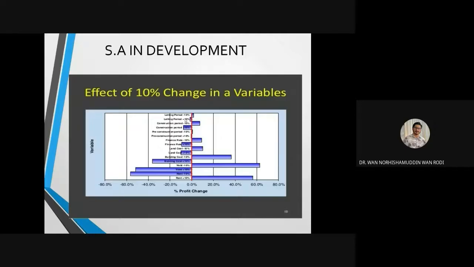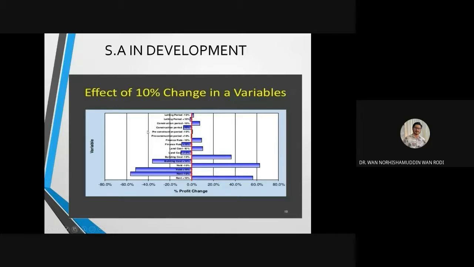Okay, next. So you look into the application in development. In this example, this is the sensitivity analysis graph. So the highest bar shows the most sensitive variables to profit change. Let's say the variables are increasing by 10%.